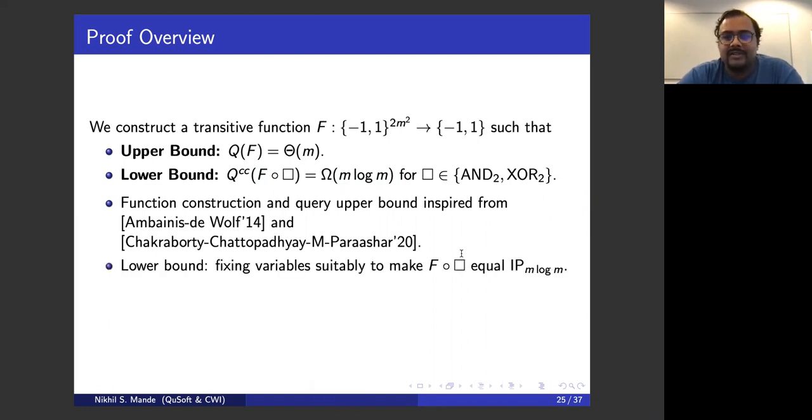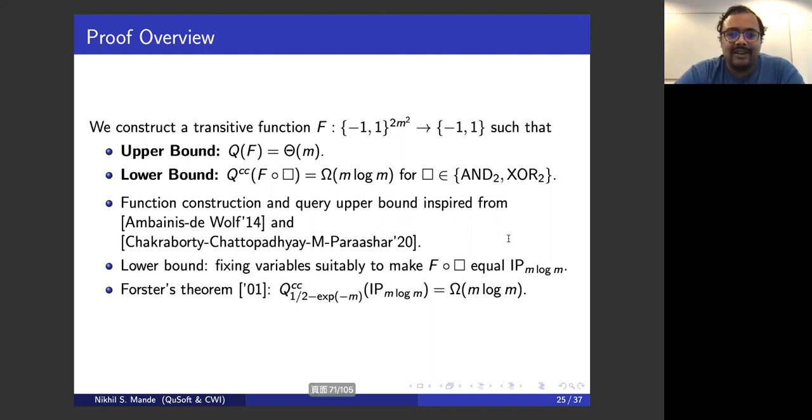The lower bound is simply fixing variables to an input of inner product m log m. Yeah, so the lower bound is going to follow a reduction. So it's known that the communication complexity of inner product m log m is maximal essentially, even when the error probability is arbitrarily close to half.